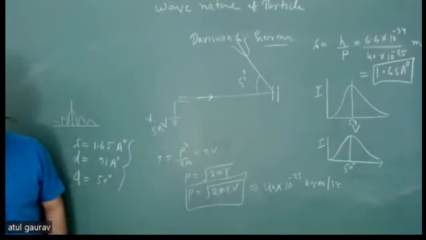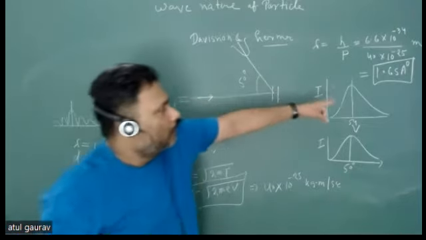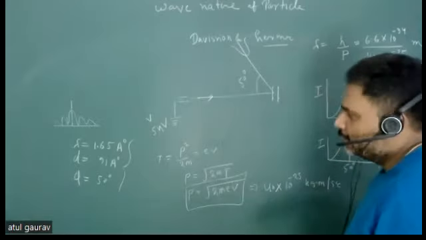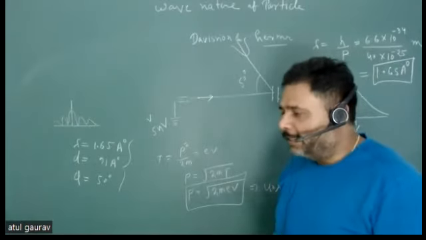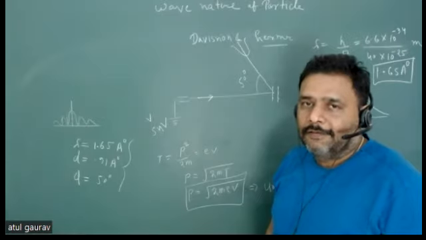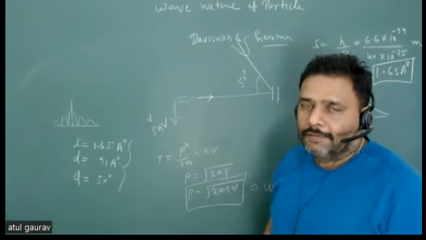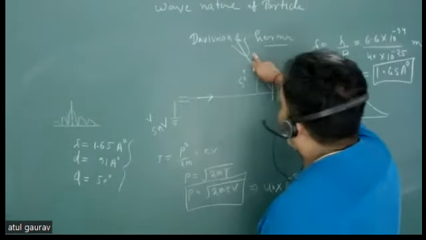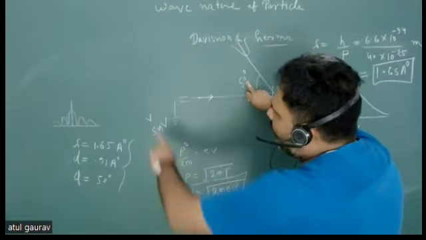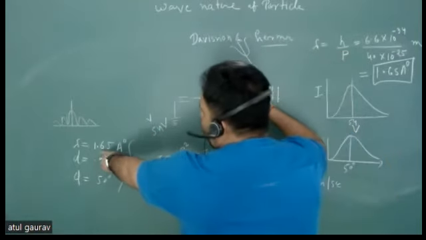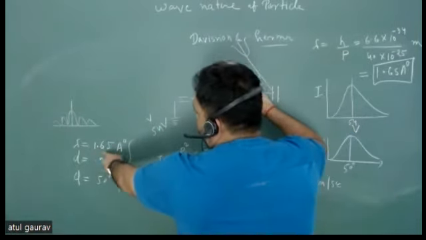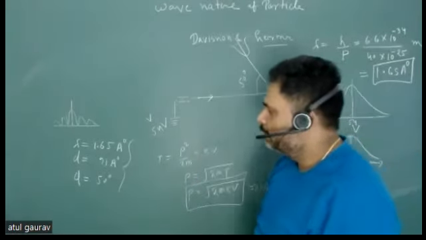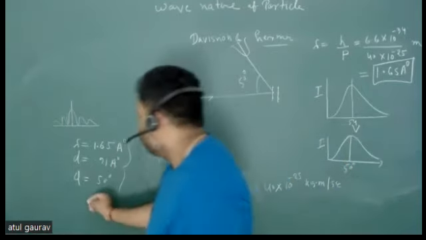Just check it, but finally once you calculate this value, it will match 1.65 angstrom. What is going to happen here? Look, you have the maxima peak at 50 degree in a Bragg diffraction. What is the value of lambda? 1.65. Remember the last experiment? This is the result of the last experiment from the Bragg diffraction.